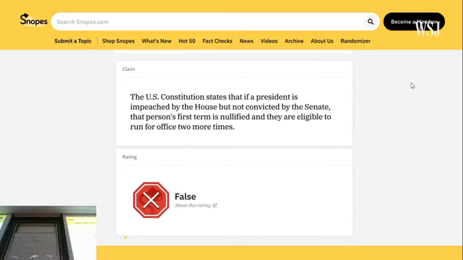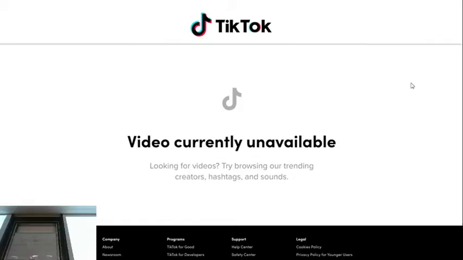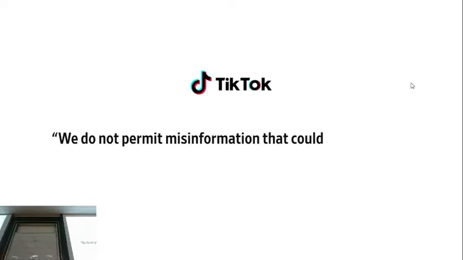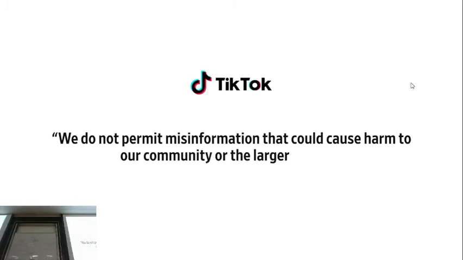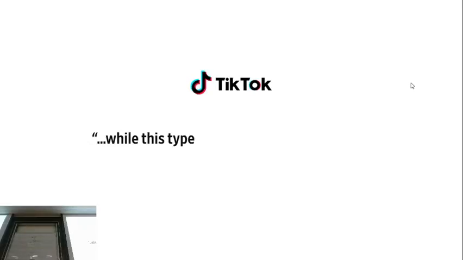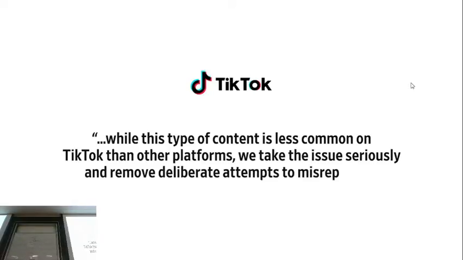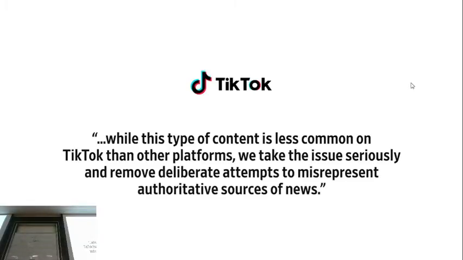The video, which had tens of thousands of views, was removed by TikTok after the Wall Street Journal asked about it. And in a statement, TikTok said it does not permit misinformation that could cause harm to our community or the larger public. While this type of content is less common on TikTok than on other platforms, we take the issue seriously and remove deliberate attempts to misrepresent authoritative sources of news.